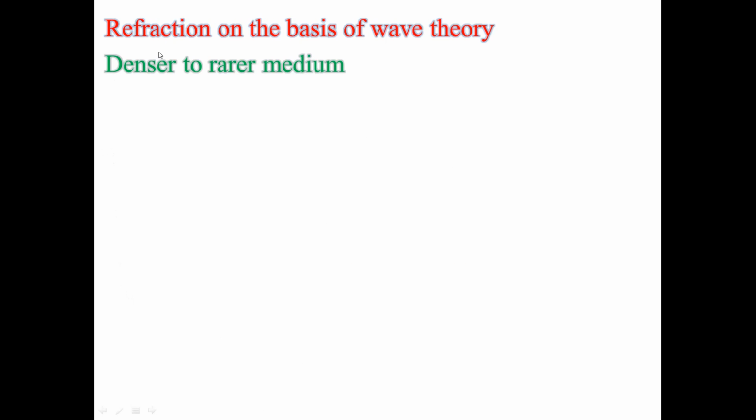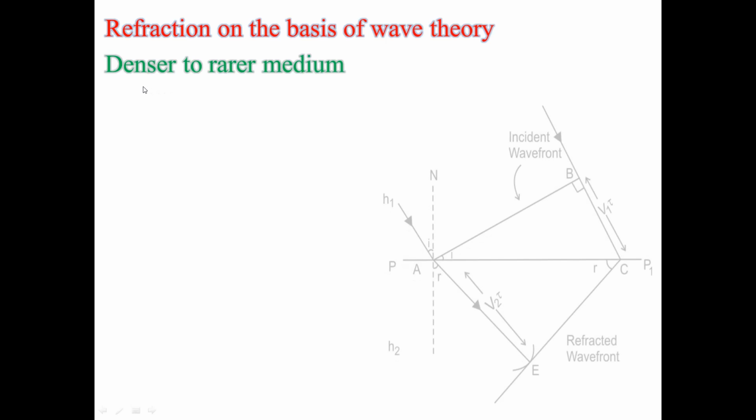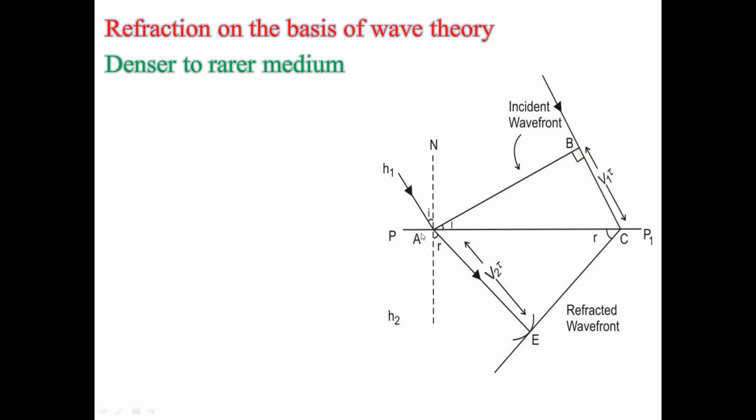Now let us consider the second case, that is refraction from denser to rarer medium. The medium 1 is denser while the medium 2 is rarer. So the distance covered in medium 2, AE, will be greater than the distance covered in medium 1 within the same time, that is BC.